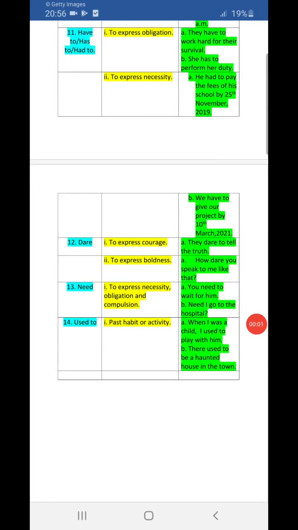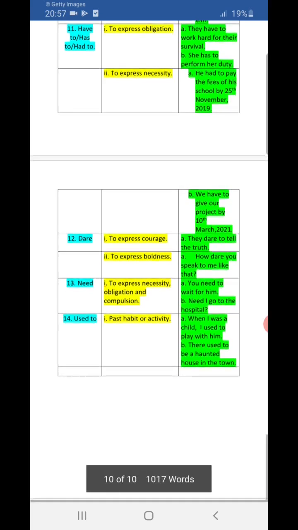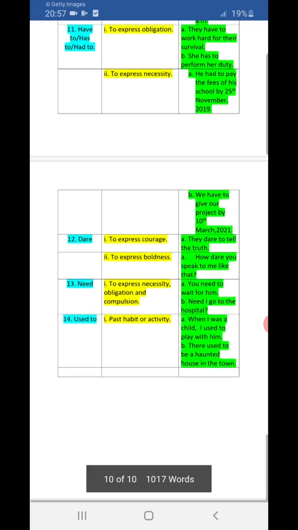Number A. When I was a child, I used to play with him. So, it's a past habit or activity, specifically an activity that when I was a child, I used to play with him. Next, number B. There used to be a haunted house in the town.